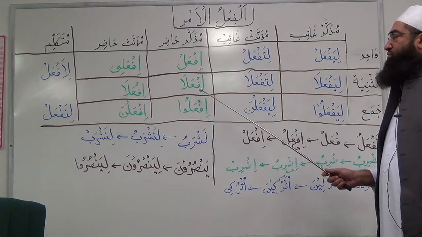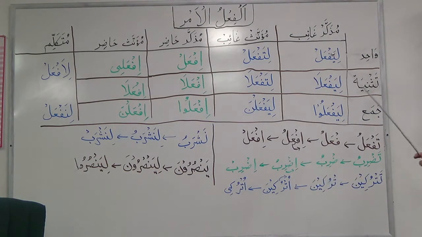So you have to bring the Alif. But if you want to give an order to somebody who is third person, male, third person female, or two males or two females, or plural, what do you do? How do you form it?